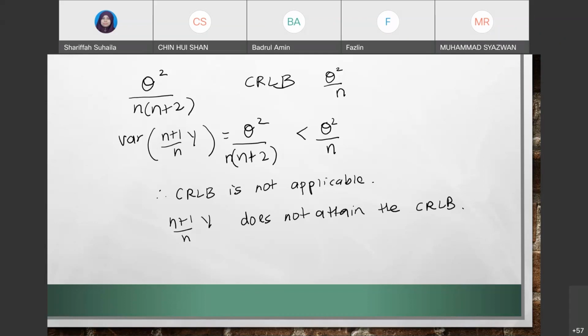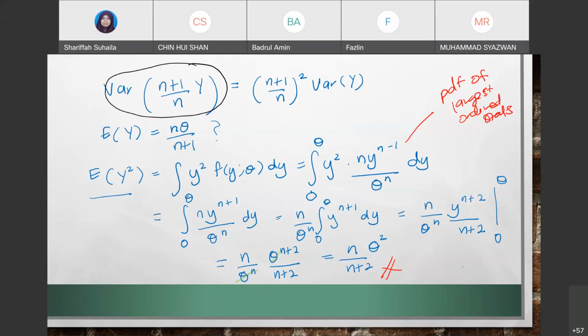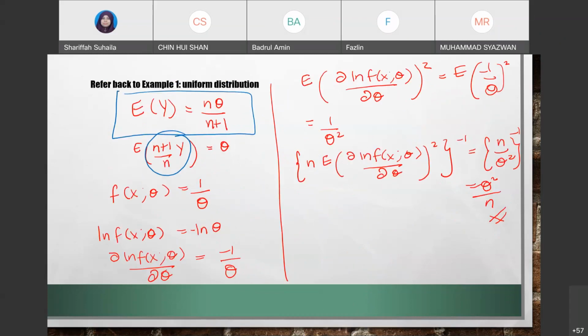So this is an example showing where the Cramer-Rao lower bound is not applicable, because at the start we actually had a biased estimator. We made it an unbiased estimator when we took the expected value of n plus 1 over n y, which equals theta.